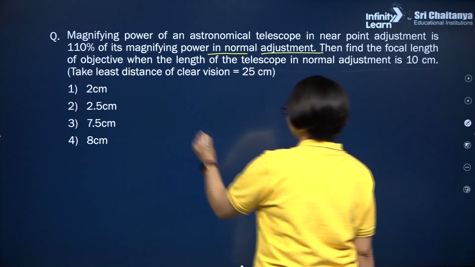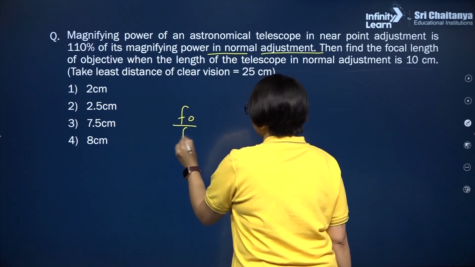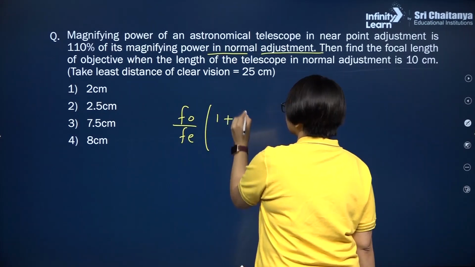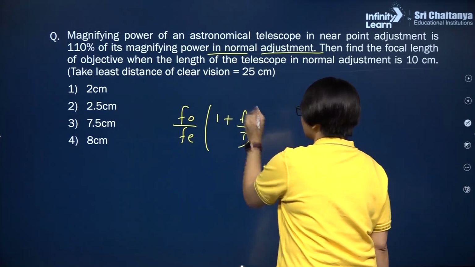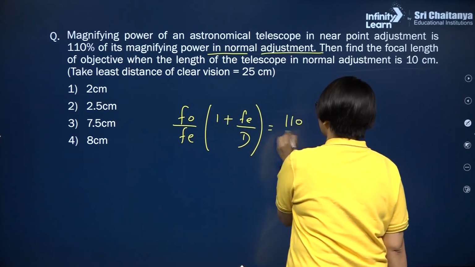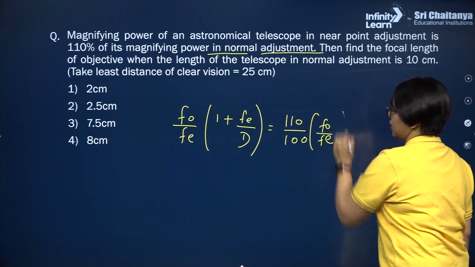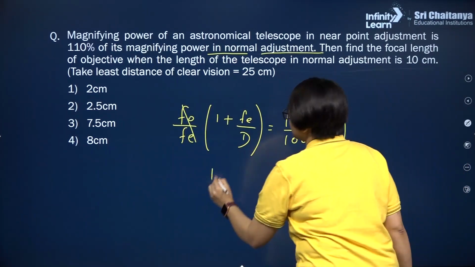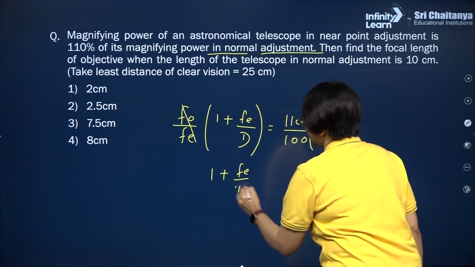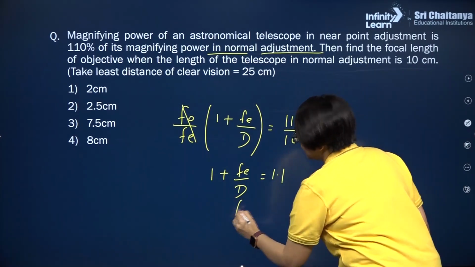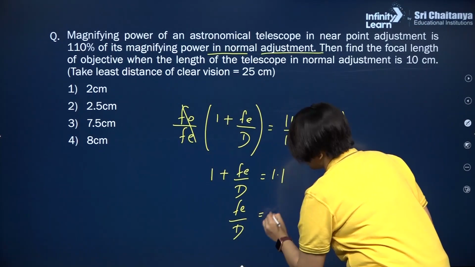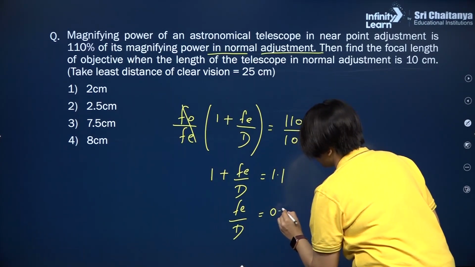So, it is given that FO upon FE into 1 plus FE upon D is 110% of FO upon FE, right. So, this will cancel this. So, 1 plus FE upon D is given as 1.1. So, FE upon D is given as 0.1.